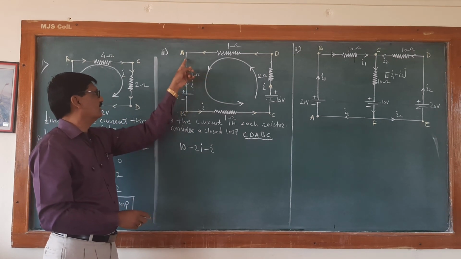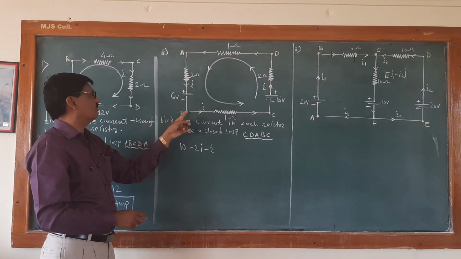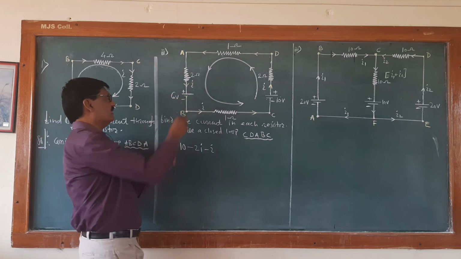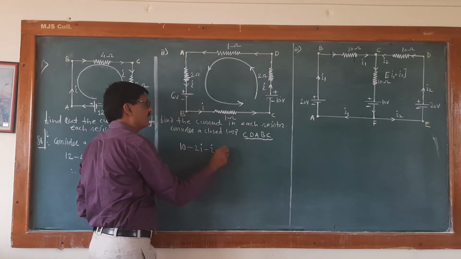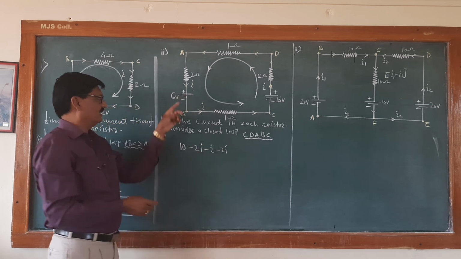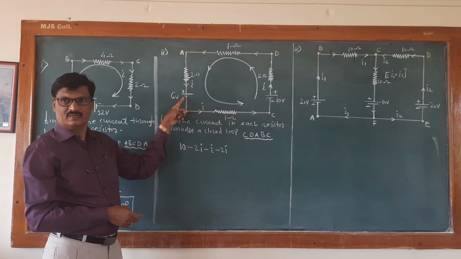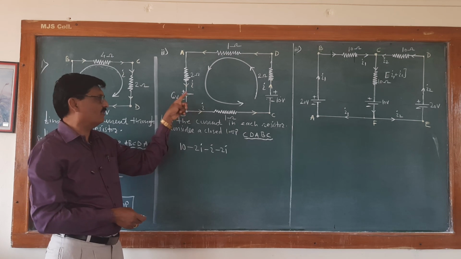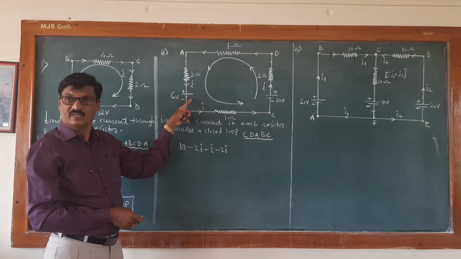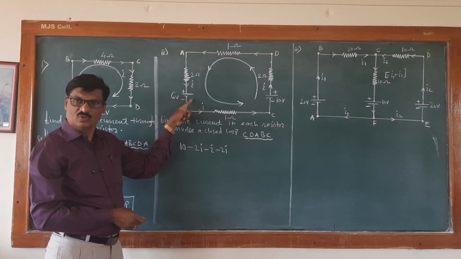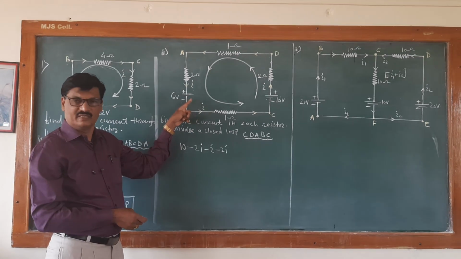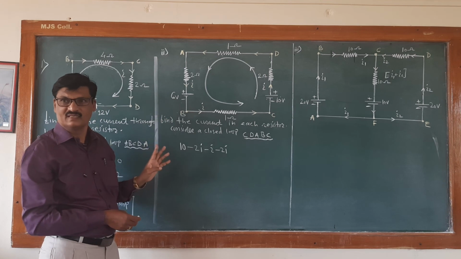If you traverse this track, say point A to point B, this is a direction of conventional current, this again becomes minus 2 times I. Then EMF is negative. Here, if you traverse from positive terminal to negative terminal of the cell, higher potential to lower potential, at that time EMF is negative, therefore it becomes minus 6.